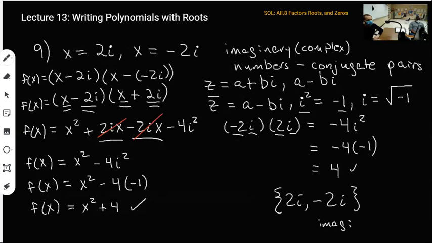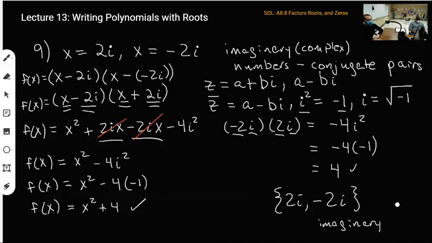So that's why you don't see this graph crossing the x-axis, because the roots aren't real numbers like you think they would be. They're actually imaginary numbers. So the graph doesn't have to cross the x-axis. Okay? That is number 9.